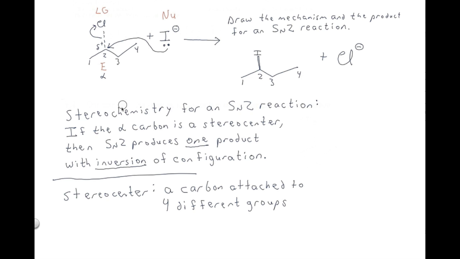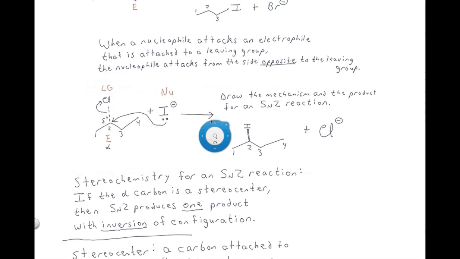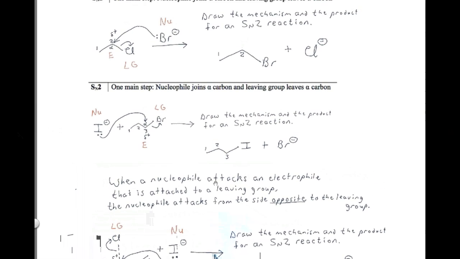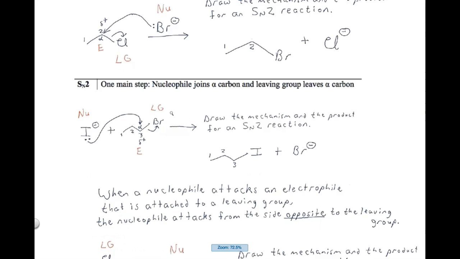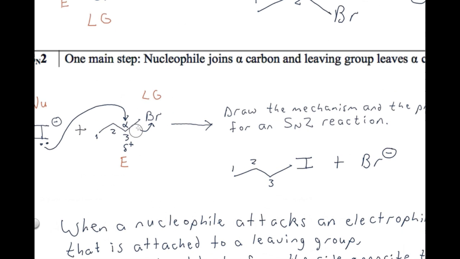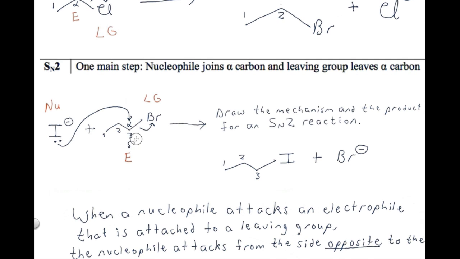Notice that we only care about stereochemistry for an SN2 reaction when the alpha carbon is a stereocenter. That's why we didn't have to worry about stereochemistry for the previous problems. I didn't have to worry about stereochemistry for this problem because carbon 3 here is not a stereocenter. Two of the things it's attached to are identical, two identical hidden hydrogens.